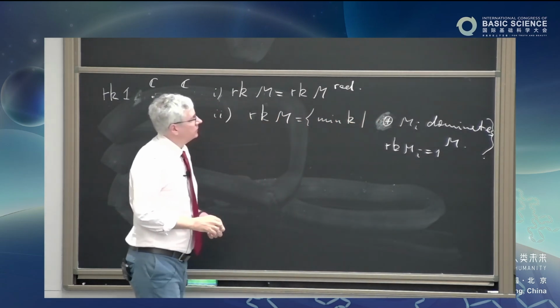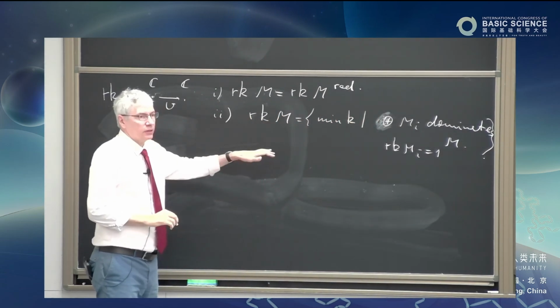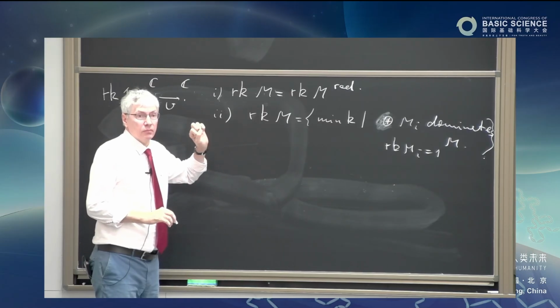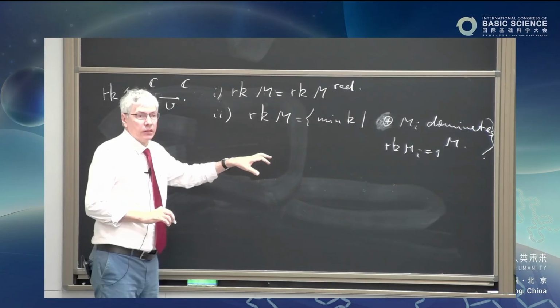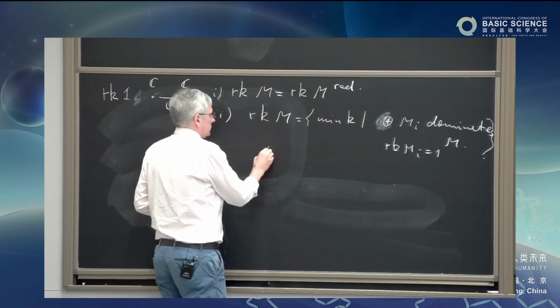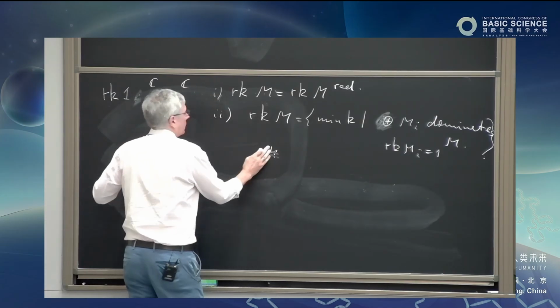So domination is about this. First, if we want to generalize it, we should consider some set of objects which we call rank 1. In this case, we consider every mi, I mean, rank 1.